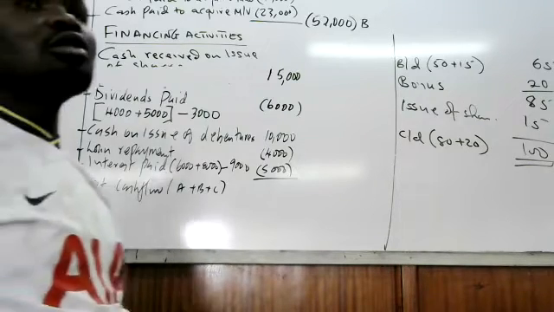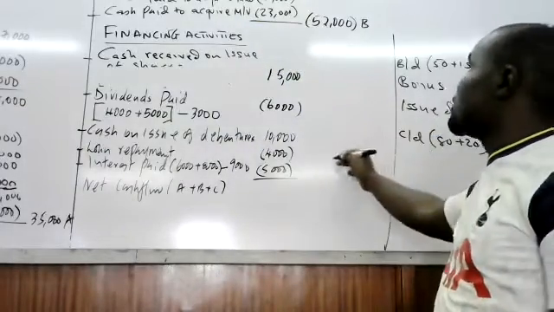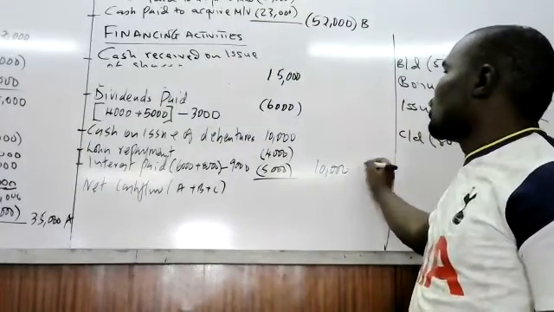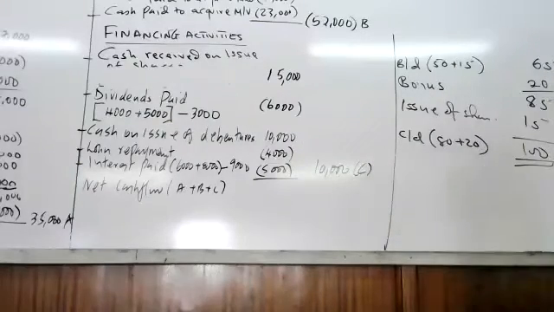How much? Positive. Positive 10. So do for me A plus B plus C. Combine.